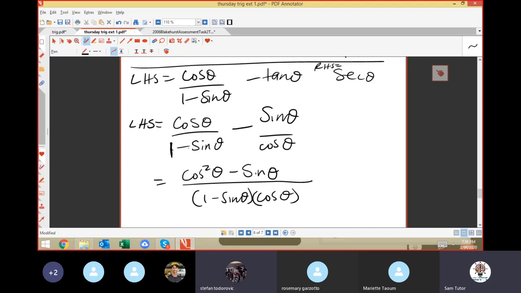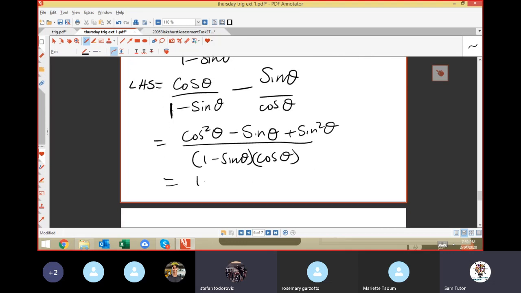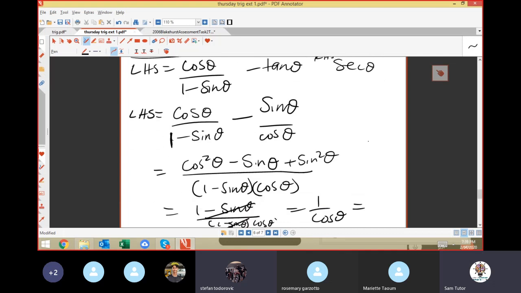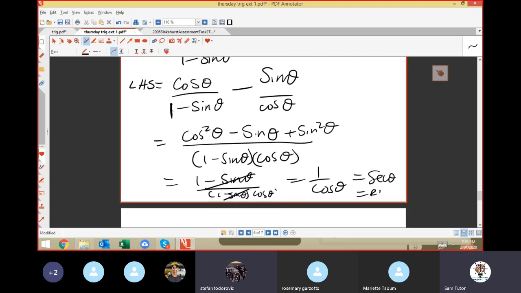And negative sine times negative sine becomes positive sine squared. And then what's cos squared plus sine squared? Is 1. So it becomes 1 minus sine theta, and you can cross that out to become 1 over cos theta, which equals sec theta. What we wanted.